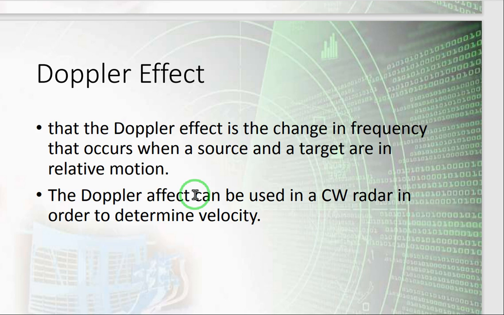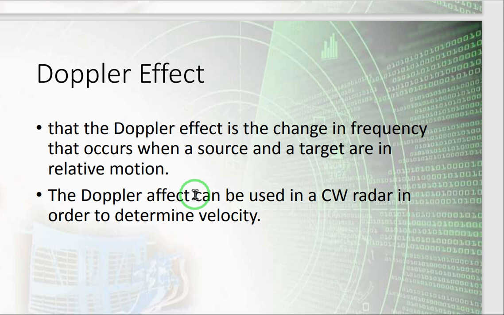That means if a signal is being sent in the air for the detection of an object, and it gets hit by the object, and the object is in relative motion, the frequency of that signal that has been sent to detect the object has changed on the return.